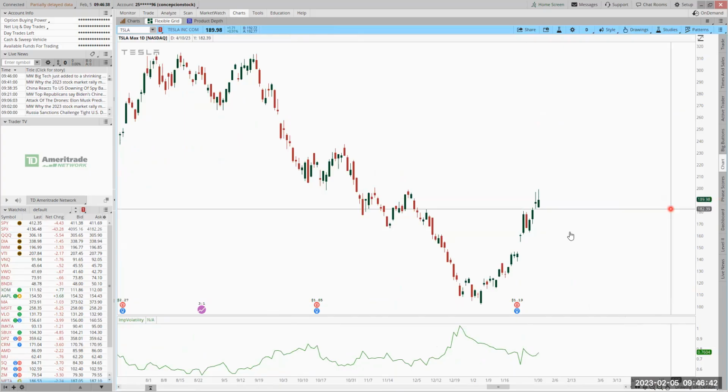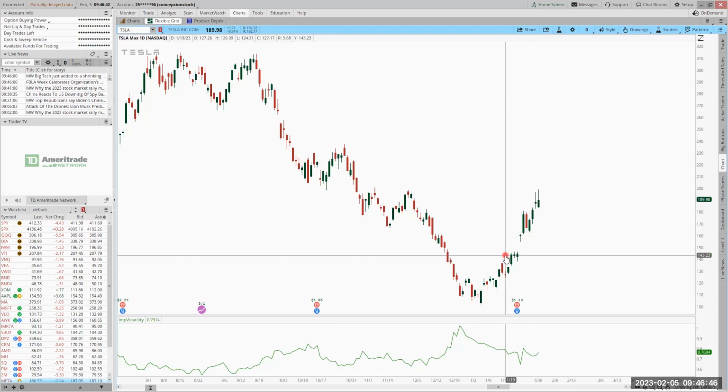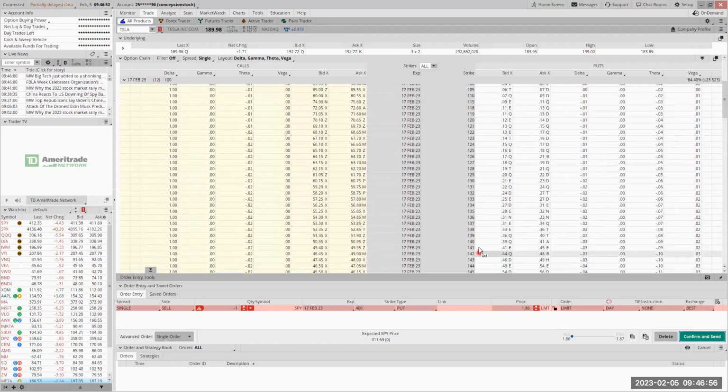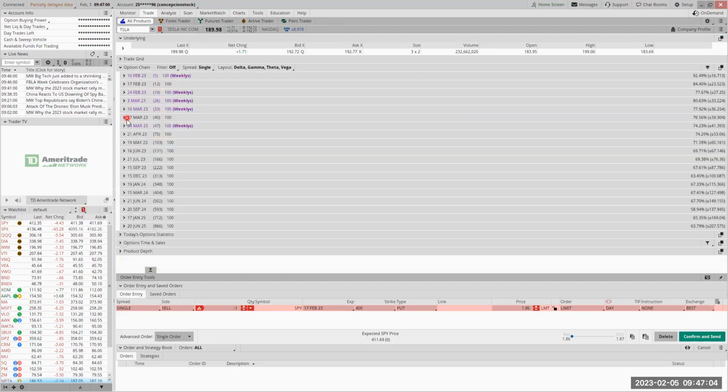That was the last time it closed. Let's say I want to own Tesla at $140. So you would simply come over to trade, and you can see the 17th February is already open, and we said $140. So I can come over to $140, and you can see that currently it's paying 39 cents or $39. What if we went out a month to own Tesla at $140?